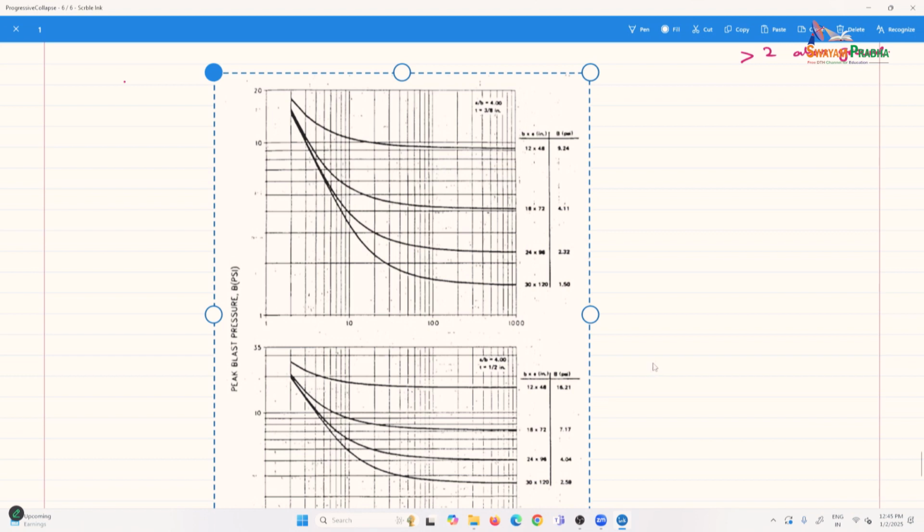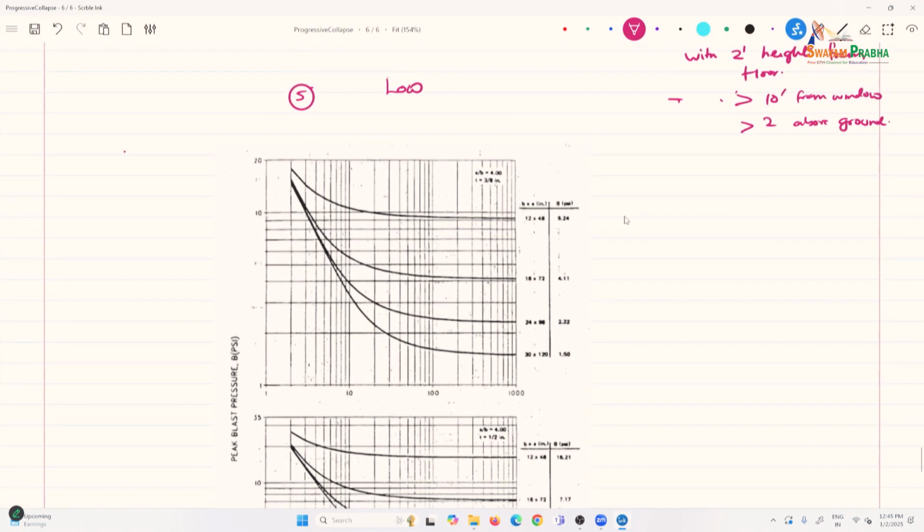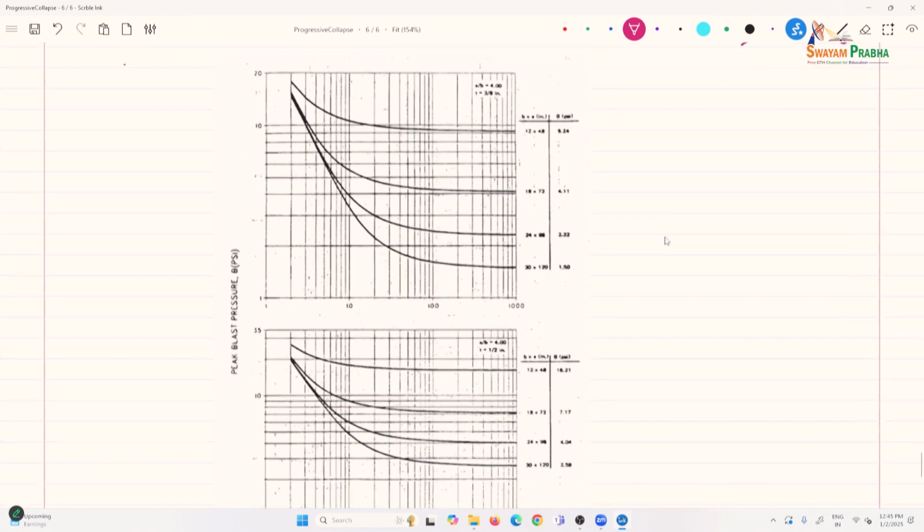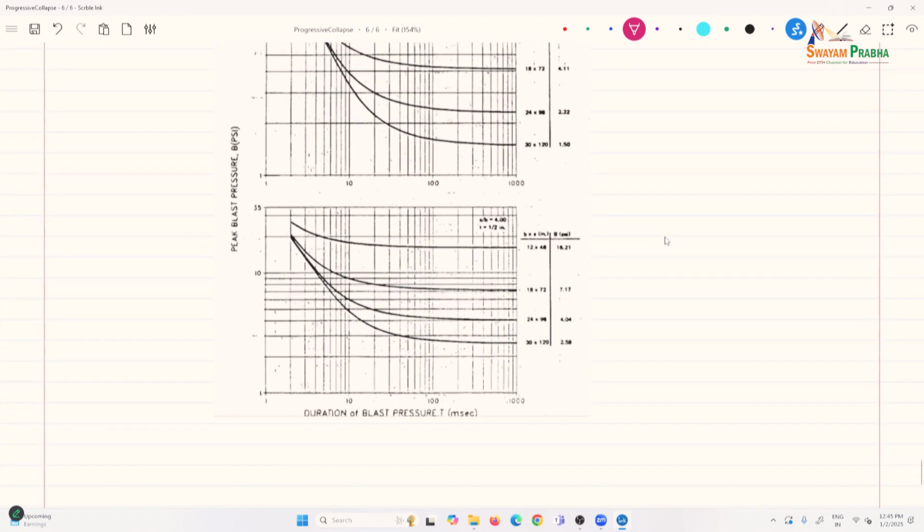I don't know if you can see it very well, but here this is showing peak blast pressure, and here you have duration, so you still have PR versus TD.